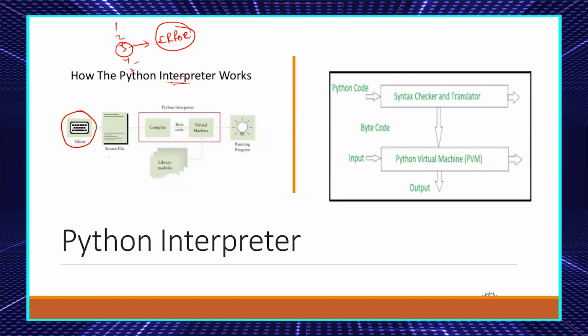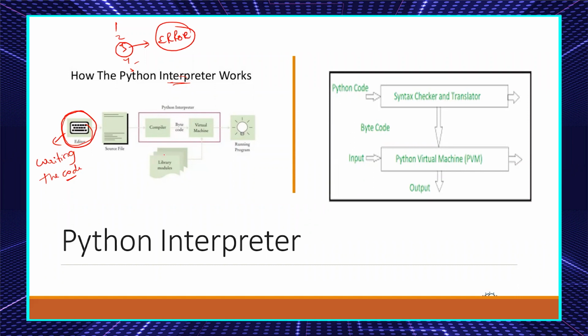Once you write the code, it will not execute yet. The entire code will shift to a source file. Python internally assumes that it is a source file. The source file is nothing but whatever code we have, displayed as it is.